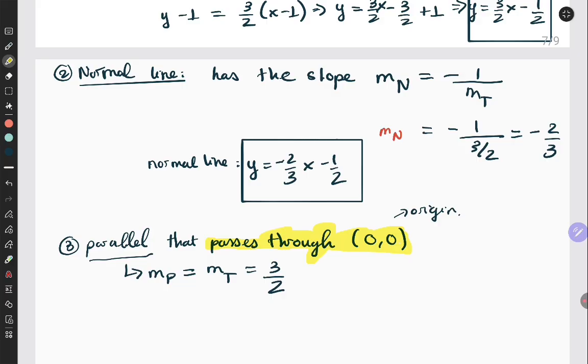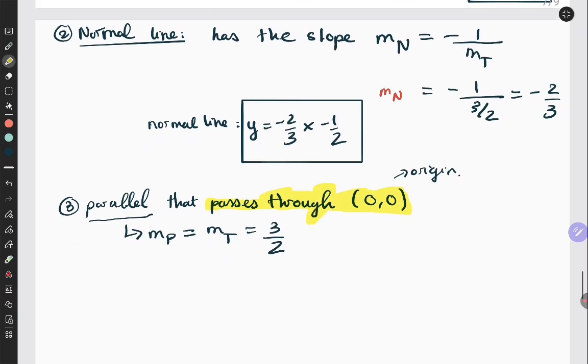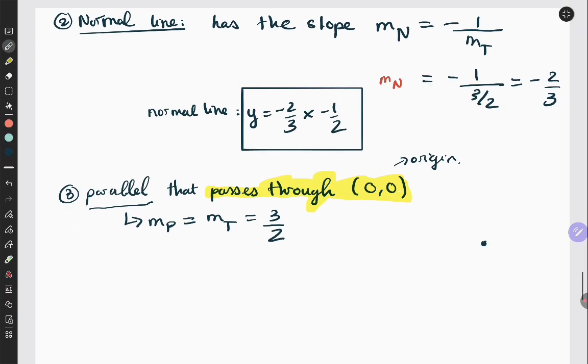Or if I ask you, okay, I have a point 1, 1. Let's say this point 1, 1. There, I just found this line, the tangent line right there. And then if I don't give you another point 0, 0, I ask you, find me another line that is parallel to this, that also passes through this point, that also has the same slope.